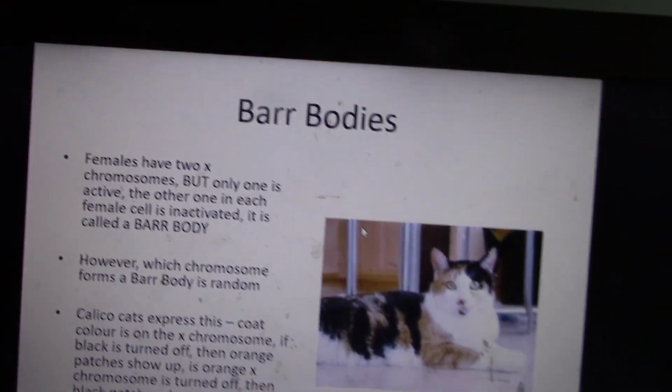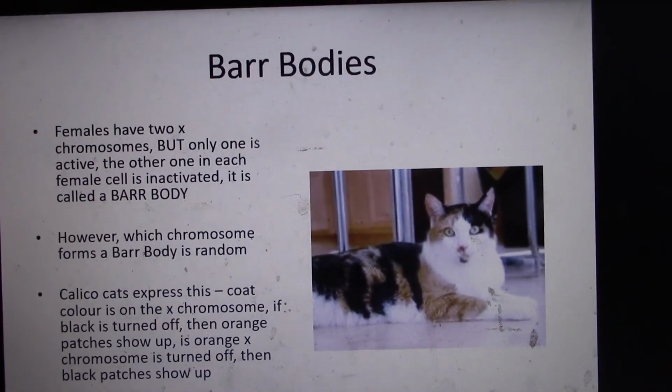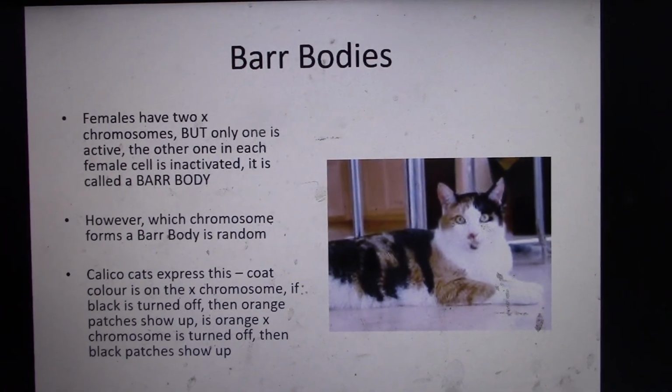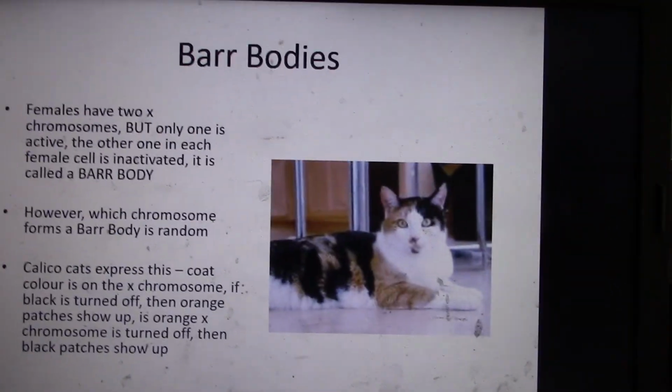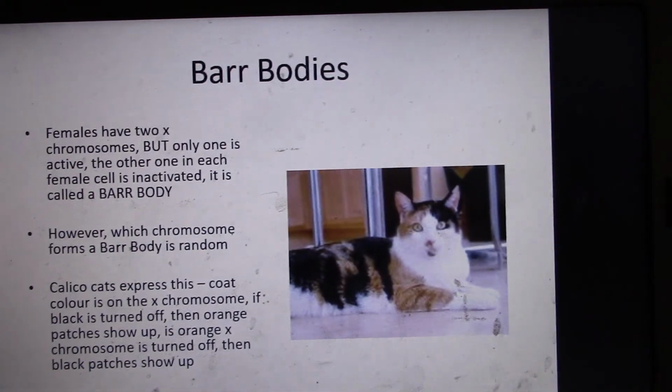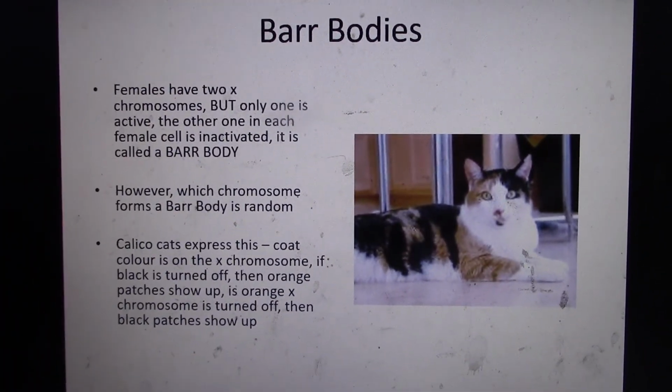One thing that we'll also talk about is Barr bodies, and so when we look at female chromosomes, right? There's two X chromosomes. This does things like determine coat color in different types of animals. This is a calico cat. Calicos are always female.